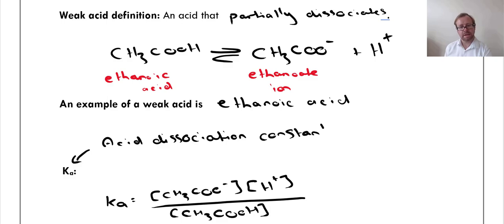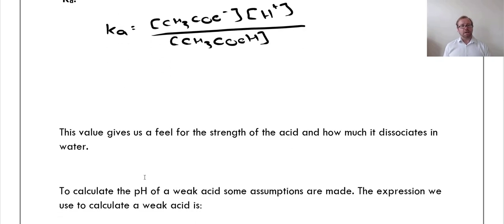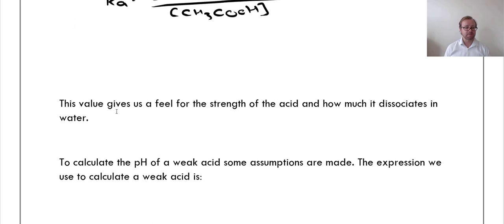It gives us the feel of the strength of the acid, but I don't want to go into too much detail about that just yet. All I'd like you to be able to do is draw or write these Ka expressions. This value gives us a feel for the strength of acid and how much it dissociates in water, as I just said. But the most important thing is to be able to derive these expressions.